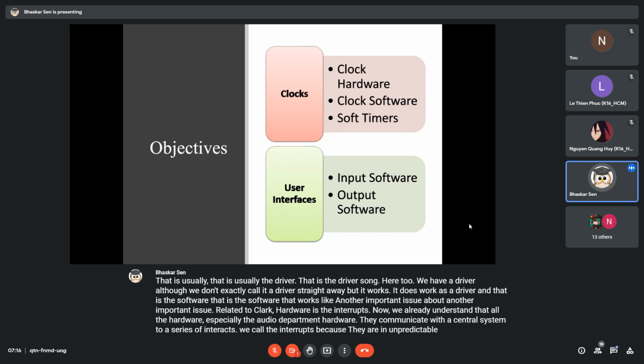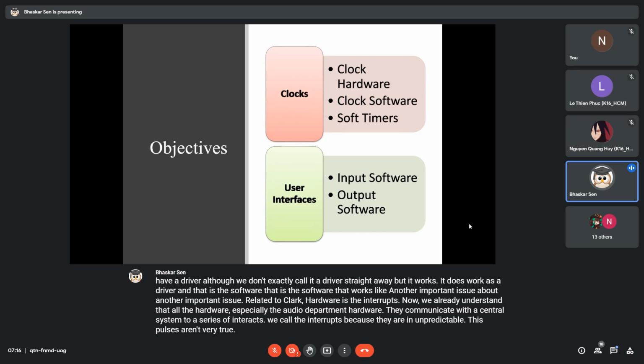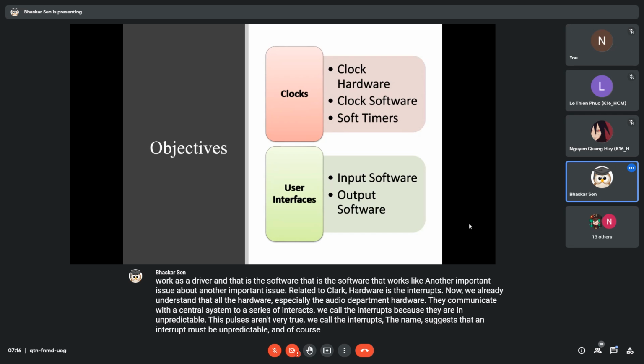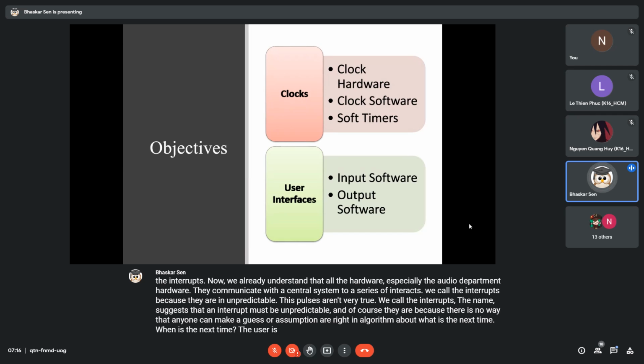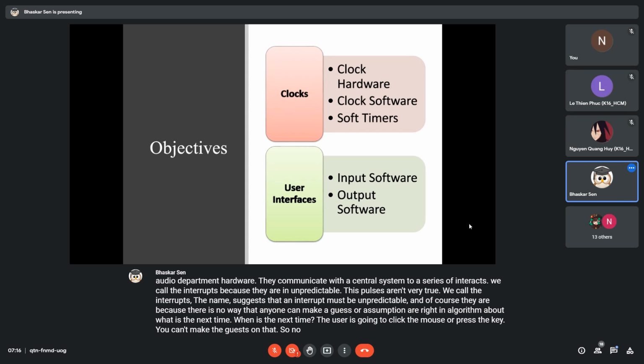The name suggests that an interrupt must be unpredictable. And of course they are, because there's no way that anyone can make a guess or assumption or write an algorithm about when is the next time the user is going to click the mouse or press the key. You can't make a guess on that. So no algorithm. That is the key thing.